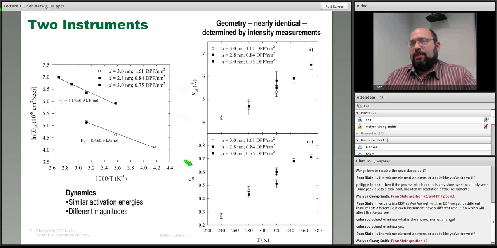The geometries of the motion that you determine and the fraction of mobile molecules that you determine, however, are very similar and follow the same trends for both instruments. And that's because these two parameters essentially depend on measuring the elastic intensity very well. And both instruments are able to measure the elastic intensity well, regardless of the dynamic range that they're sensitive to.